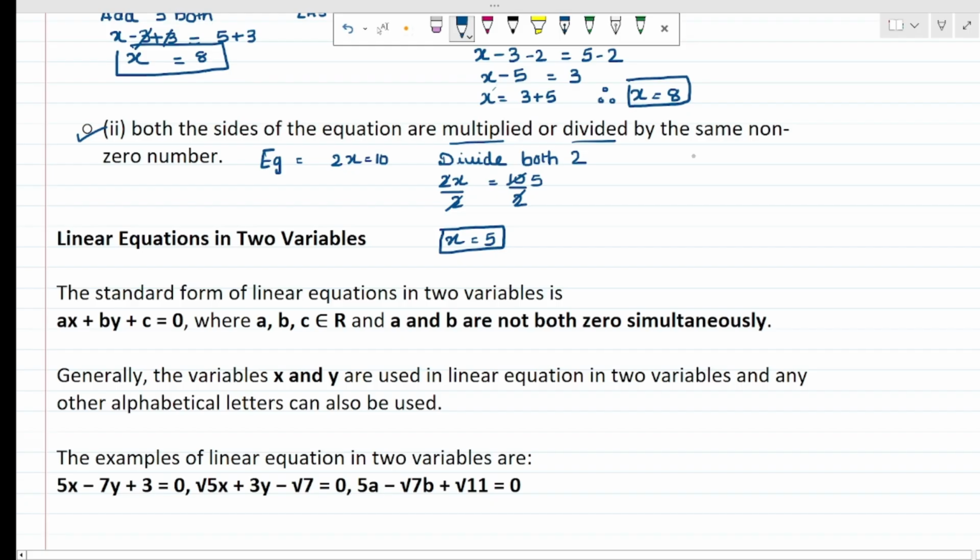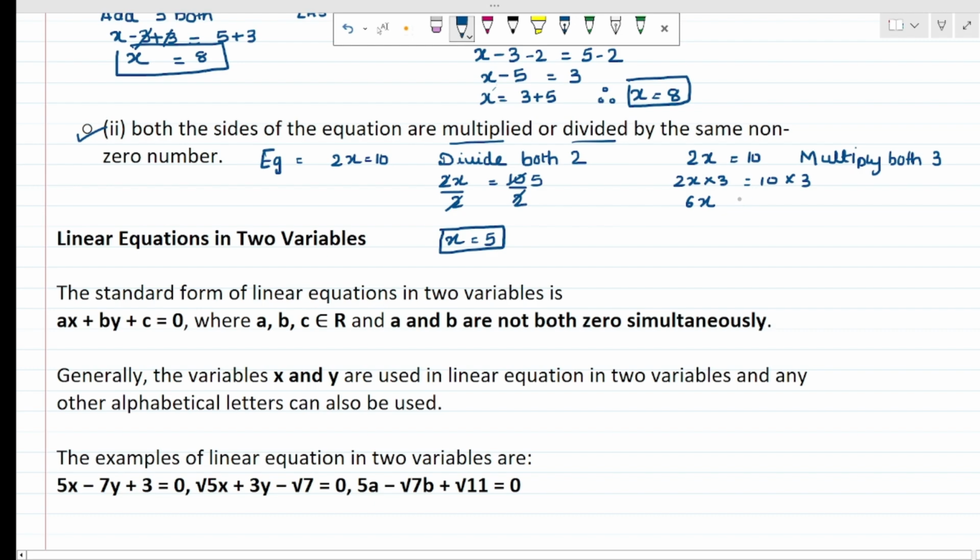Now, again take the same example, 2x is equal to 10. But for this case, now multiply both the sides by 3. What I am doing? I am multiplying both the sides by 3. That means 2x times 3 is equal to 10 times 3. 2 3s are 6.